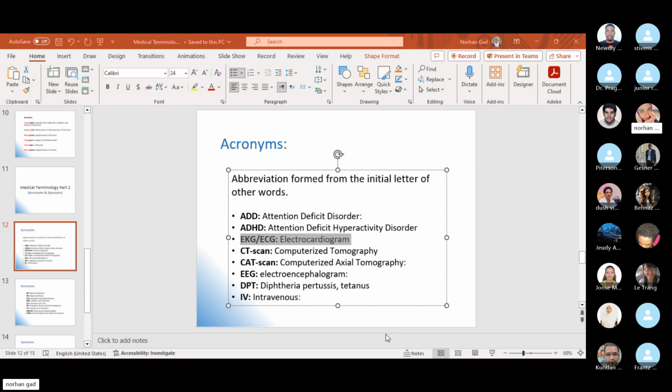Don't just stop at the English word and assume that since we all use the English word, we know what it is. No, just give a brief description. If you don't have an equivalent and you already use the English word, give a brief description in your language. What is EKG? What is EEG?